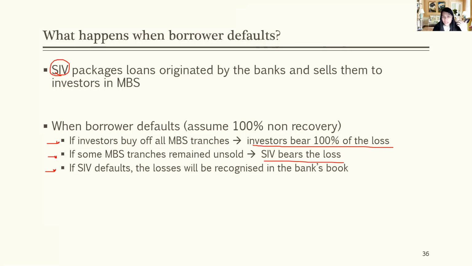In contrast, if they have not sold any of the securities, they will lose 100%, right? In the event that they default, the losses will be recognized on the bank's book. So the implication here is that we don't recognize the problem of the banks until it is very late.